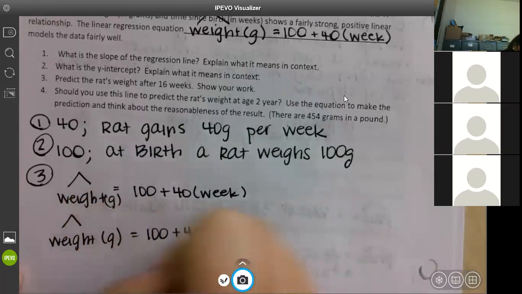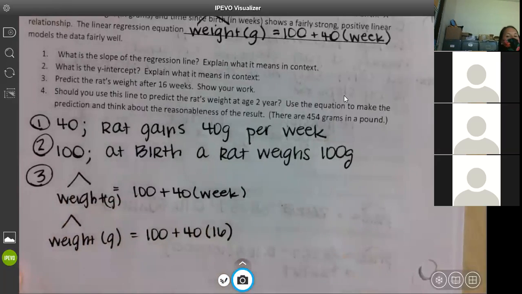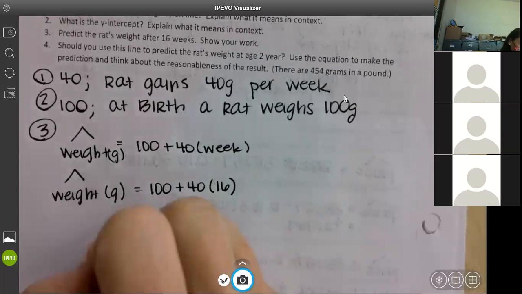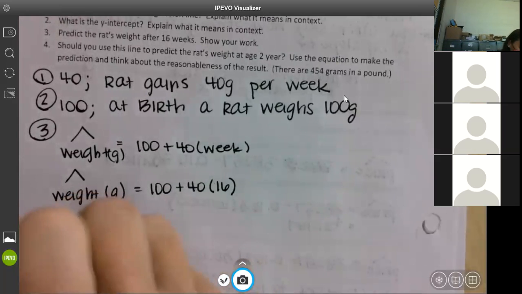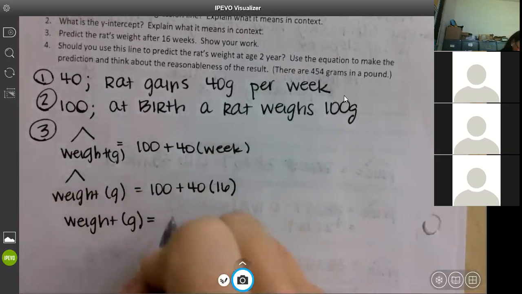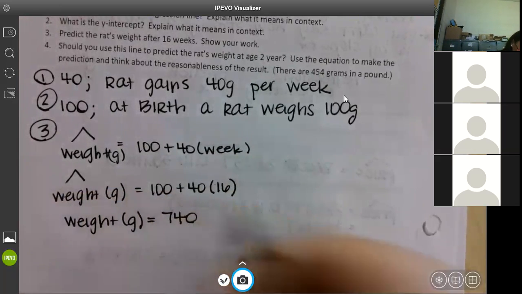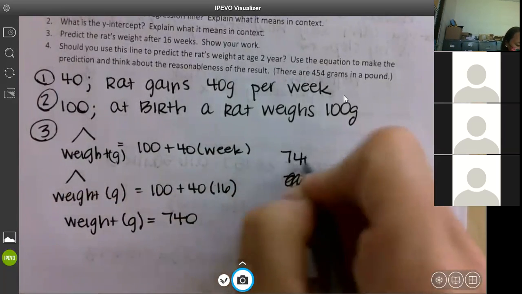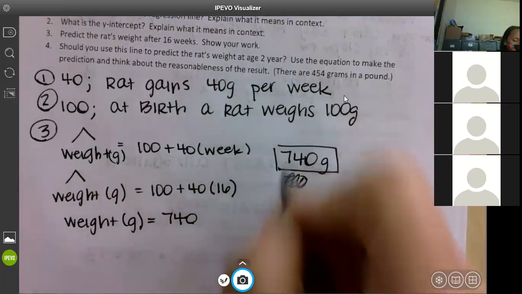But we're trying to predict for 16 weeks. This way they know that you plugged it in for the right thing. You know exactly what you're talking about. And then we get the weight in grams is equal to 740. So your answer is 740 grams.